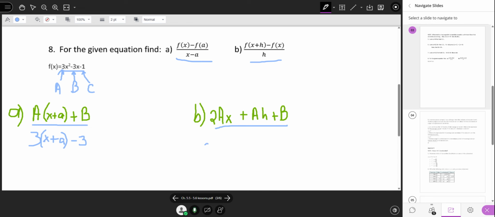Now that says 2 times A, and then keep an x, plus A, h, plus your B, and B is a minus 3. 2 times A, or 2 times 3 is 6. And that's all we do to that.